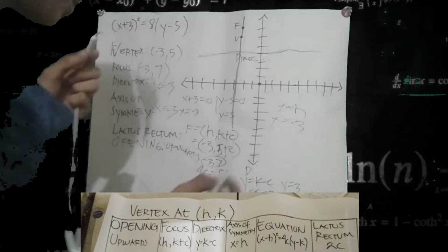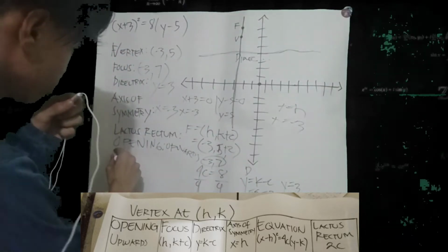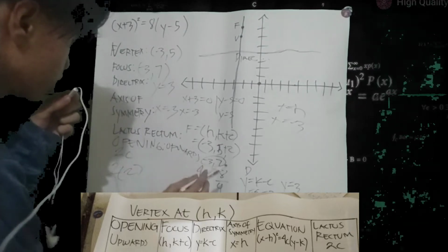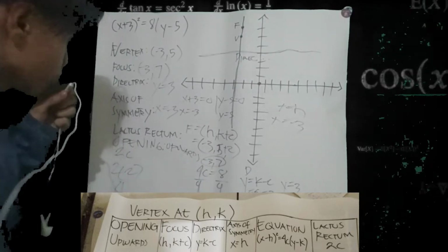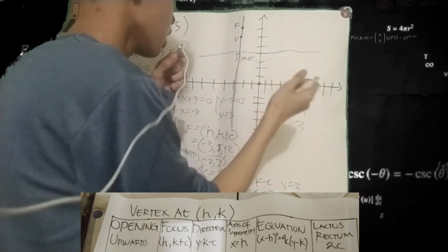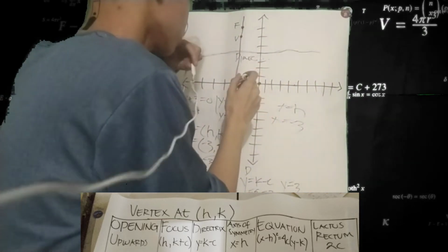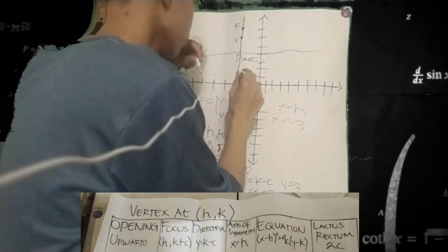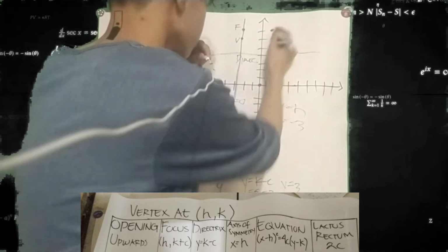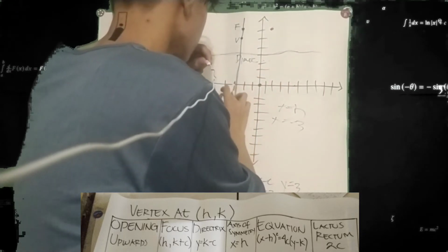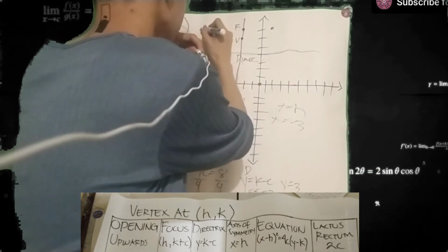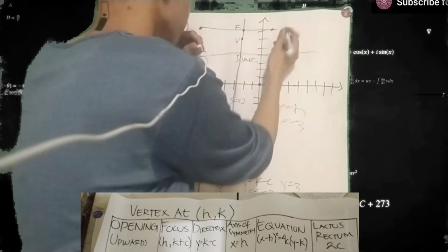For the latus rectum naman, again, gagamitin lang natin yung 2c. Then what is the c? It's 2, 4 units, from the focus hanggang sa endpoints ng latus rectum. So this is the focus, 1, 2, 3, and 4. First endpoint. Focus, 1, 2, 3, and 4. And pangalawang endpoint ng latus rectum.